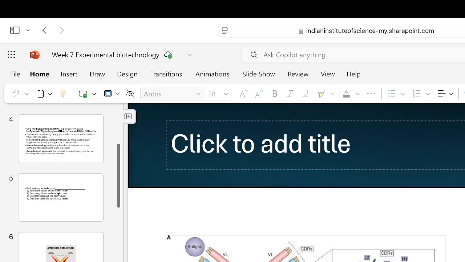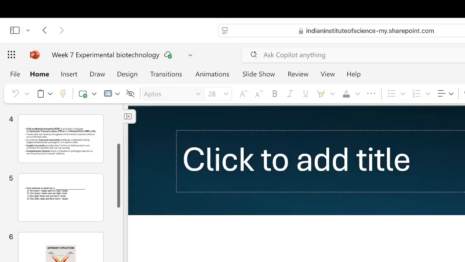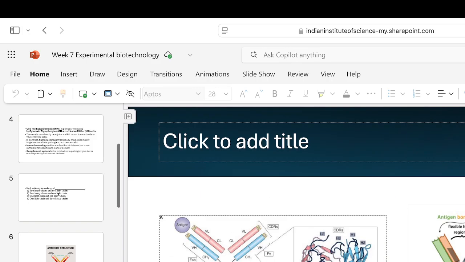Okay, so I hope you're able to see this. What I wanted to show here was how the different chains are connected. What you see here, if you can see my pointer, this region is the connector.